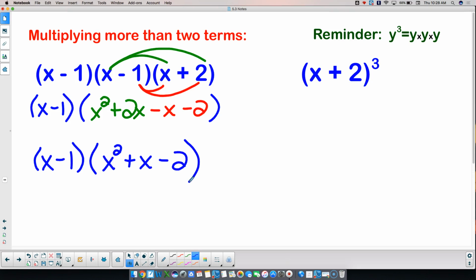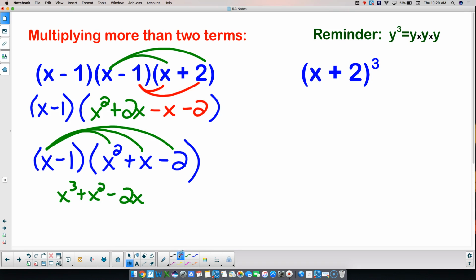And I could have done any combination of those first two and still gotten the same answer at the end. Then x cubed plus x squared minus 2x, minus x squared, minus x plus 2.